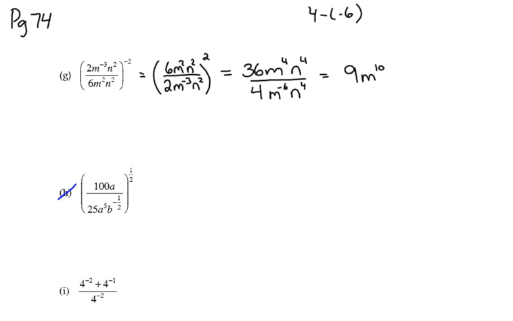And 4 minus 4 for the n's gives 0, so it's just 1. They actually just cancel each other out. You wouldn't write n to the 0 because it equals 1. That should be your solution.